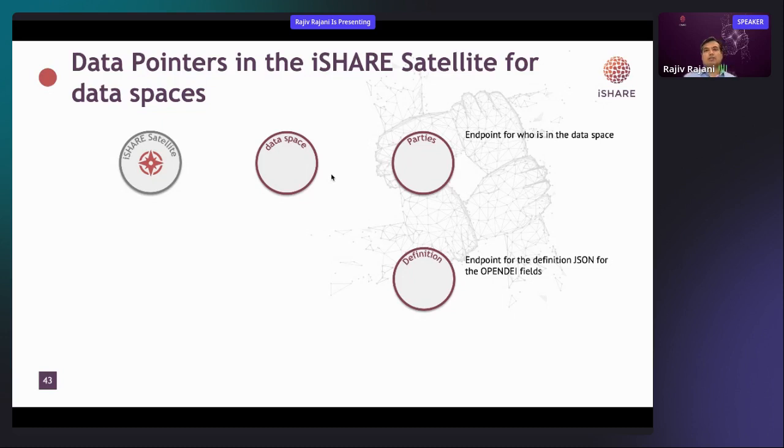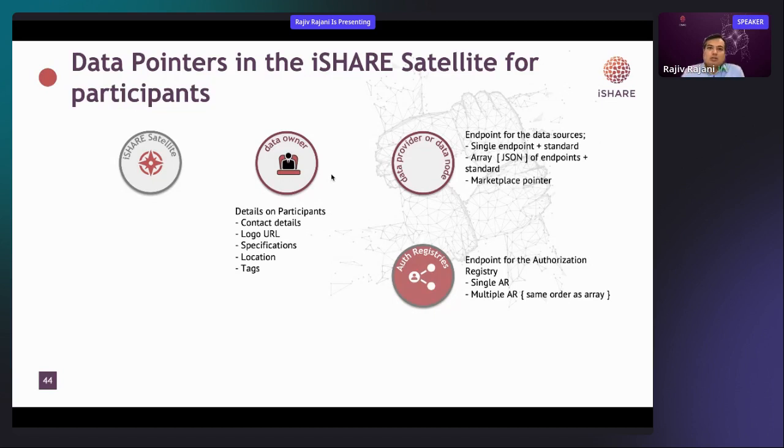So this is a first step towards bringing interoperability between data spaces. If you are able to read and understand the definition, and if you can meet those standards and requirements, you can immediately interoperate with the participants of that data space, for example.